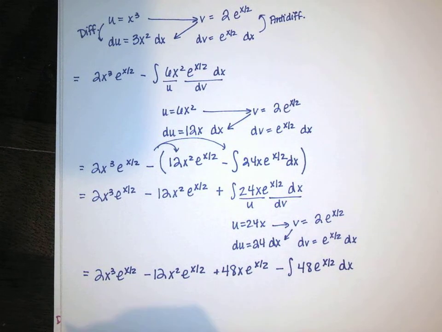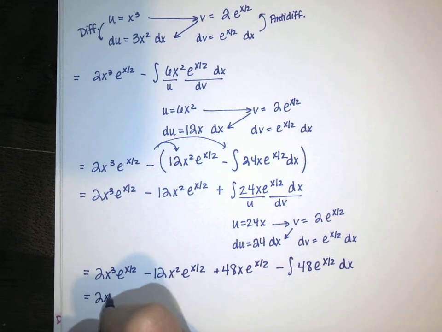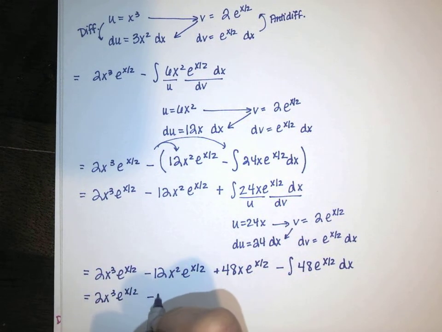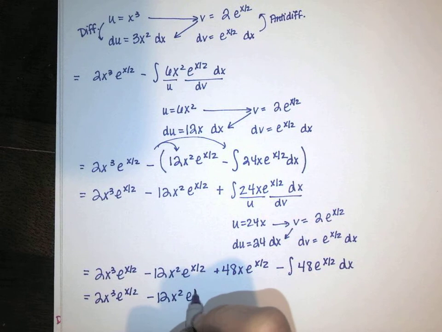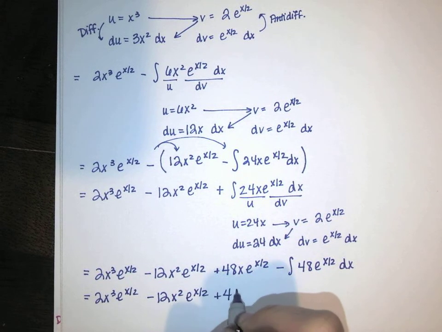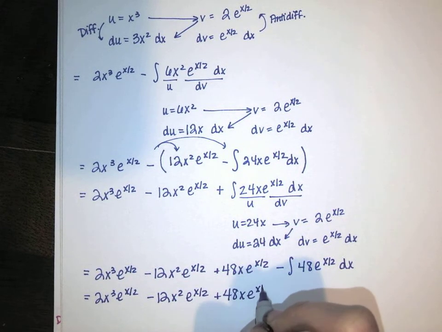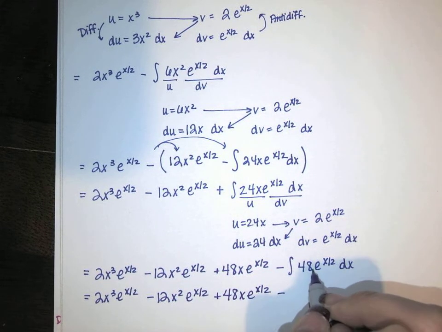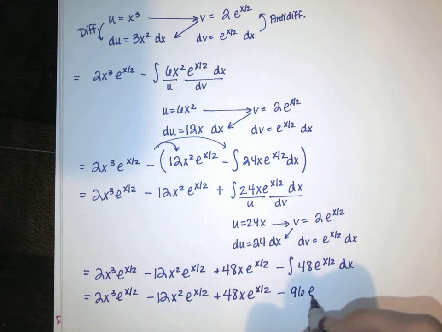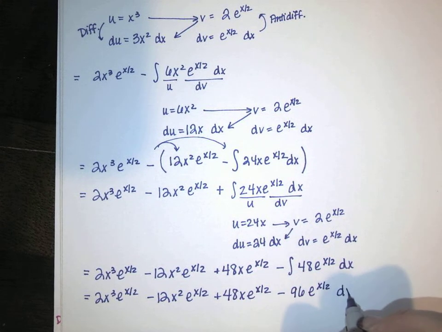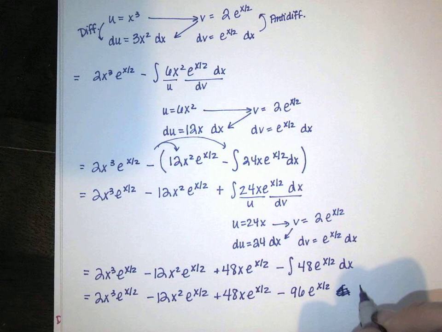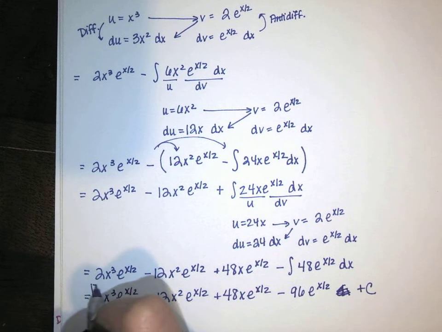Yes, finally, we have a rule, so we can finish it. If you want, you can factor out the exponential, but you don't have to. We're going to have this 48 times the 2, so that's going to be 96. Oops, not dx, plus c, and we're done.